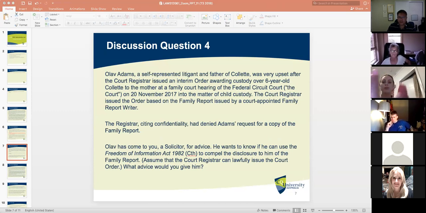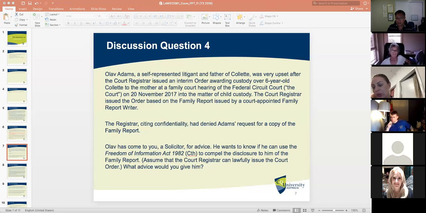The basic legal issue really is whether or not the document, the family report, relates to matters of an administrative nature. That is the basic question there. And in this particular case, I would think that it is not of an administrative nature.